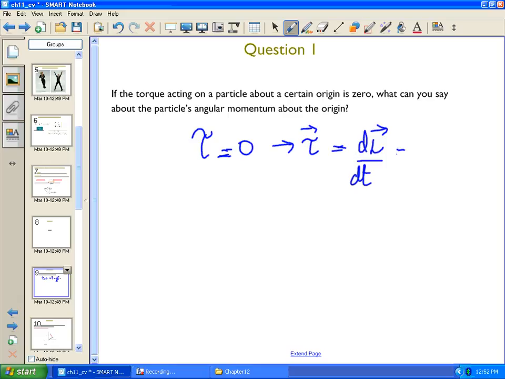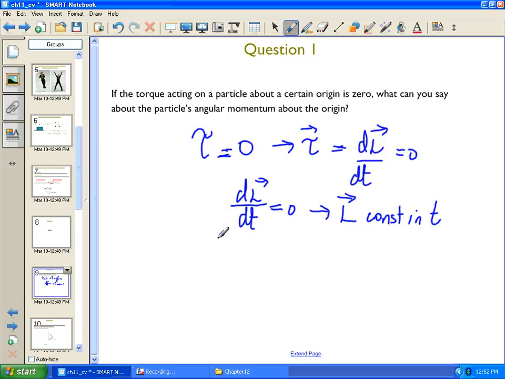So if the torque is 0, that implies that the rate of change of angular momentum with respect to time is equal to 0. And that can only mean that the angular momentum must be constant in time. In other words, it does not vary in time.